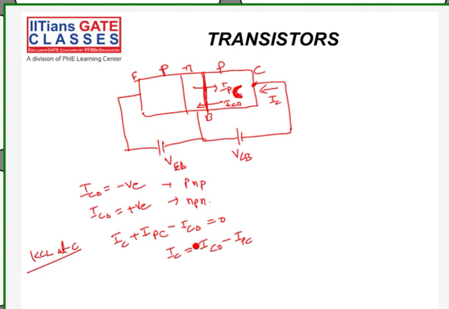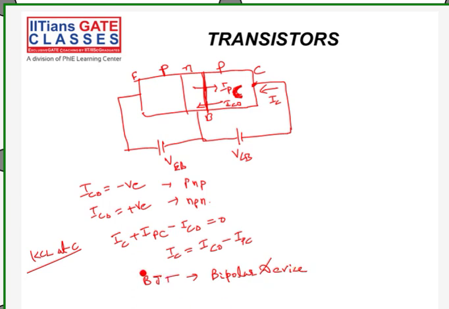Whether it is sum or difference is a different thing, but it depends on two charge carriers, majority and minority carriers. Because of that, this BJT device is called a bipolar device. That is why it is called BJT.